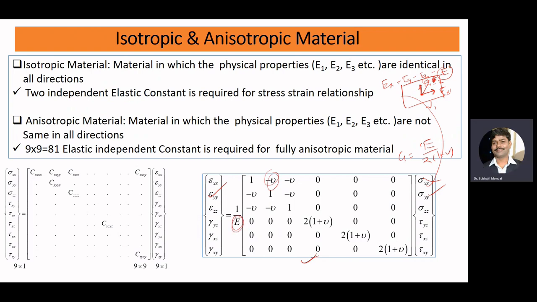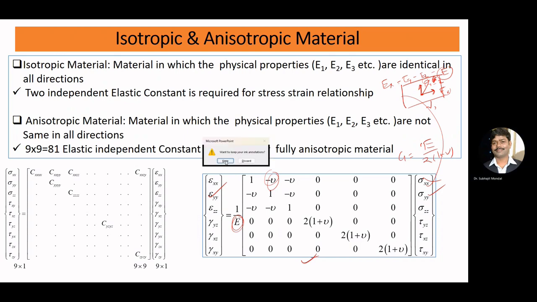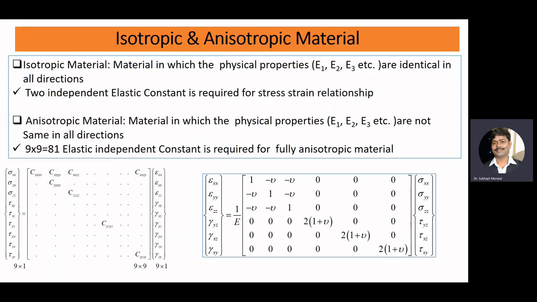Now, if you consider an anisotropic material, we can say that a material is anisotropic in nature if physical properties in all three directions are different. If you have such a material and you want the stress-strain relationship, you will observe that we should have 81 elastic constants.